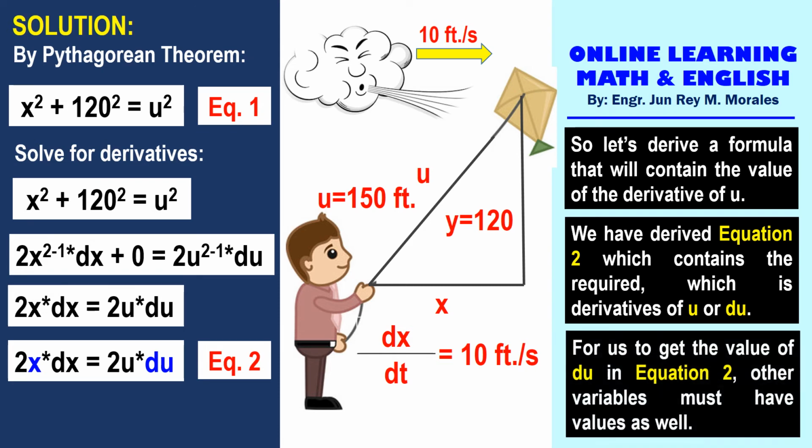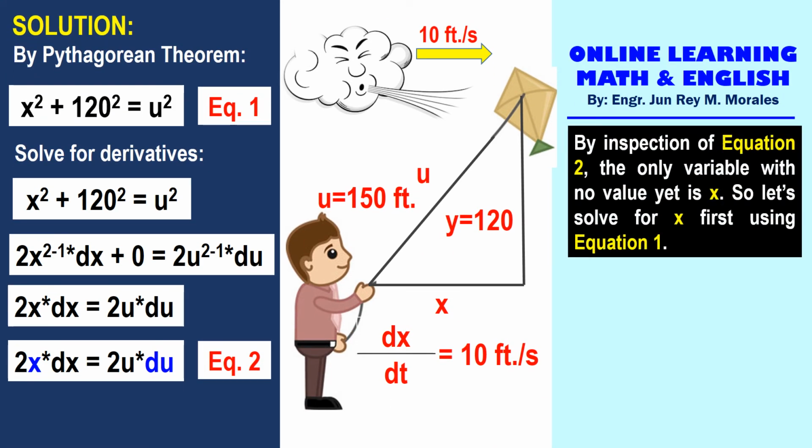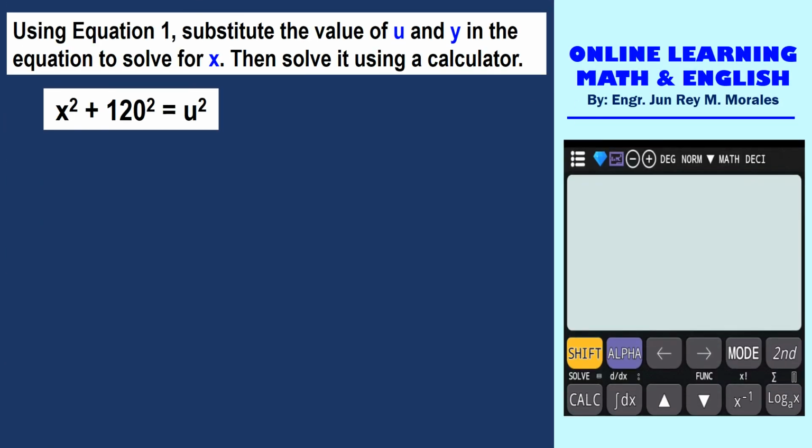For us to get the value of du in equation 2, other variables must have values as well. By inspection of equation 2, the only variable with no value yet is x. So let's solve for x first using equation 1. Using equation 1, substitute the value of u and y in the equation to solve for x. Then solve it using a calculator.